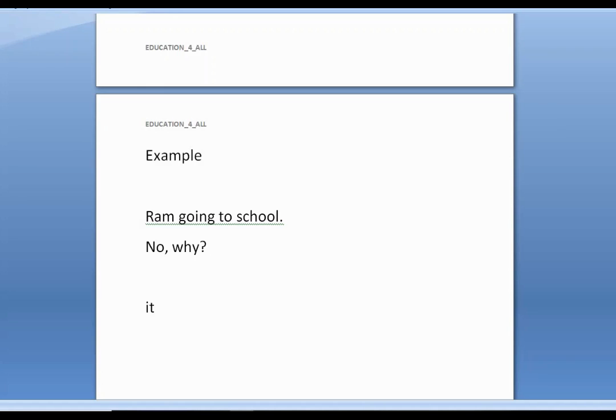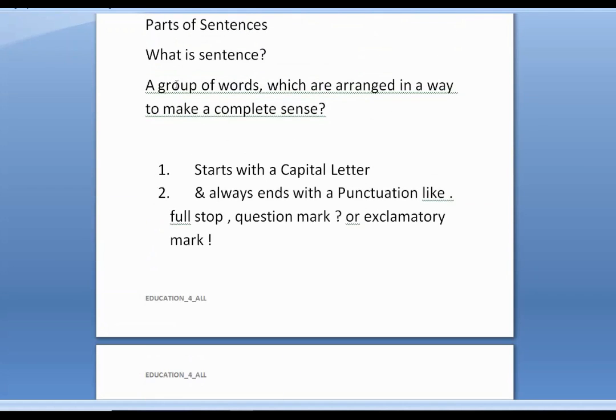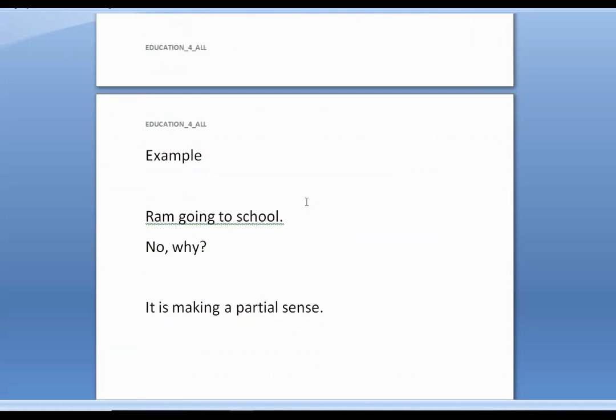Because it is making a partial sense. This sentence starts with a capital letter and ends with a punctuation, however, it does not meet the definition that says it should make a complete sense. Yes, it is making some sense, but it's not complete.